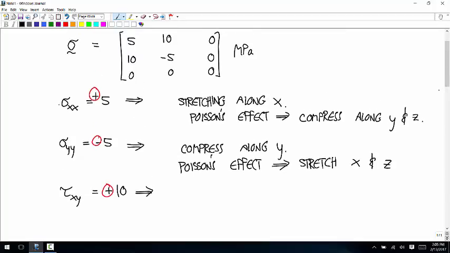And so what do we know is going to happen with that positive xy shear stress? We know that that's going to lead to a positive xy shear strain. And a positive xy shear strain means the angle between the positive x face and the positive y face is going to get more acute. Okay.